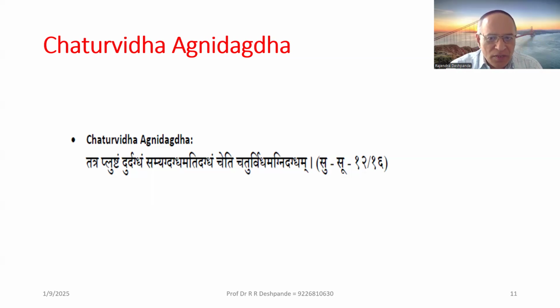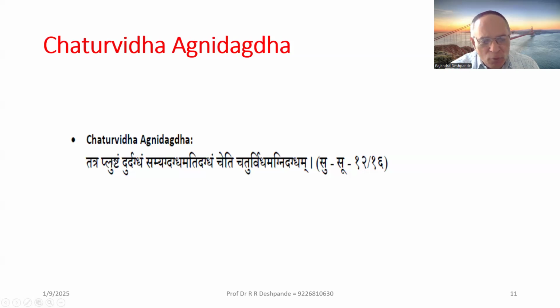Chaturvidha, four types. Here, Sushruta Sutrasthana, 12th chapter, verse 16: Tatra Prushtam Durdagdham Samyak Dagdham Ati Dagdham Cha iti Chaturvidham Agni Dagdham. There are four types of Agni Dagdha.